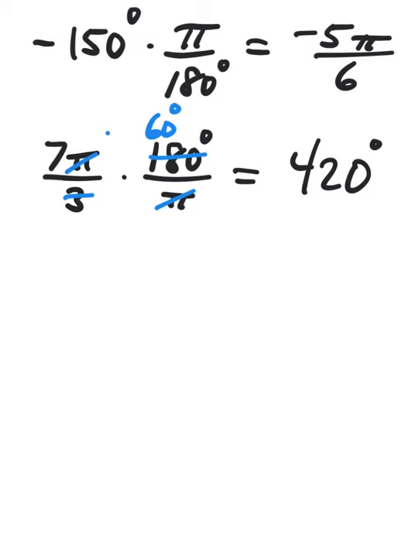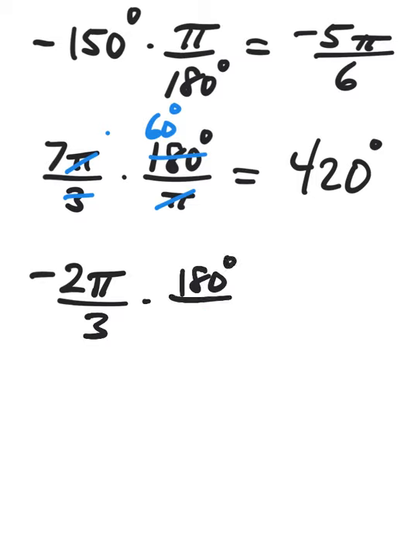Very good. What if I take a negative 2 pi over 3? Okay, so this one is in radian form. If we're going to convert that to degrees, we multiply by 180 over pi.